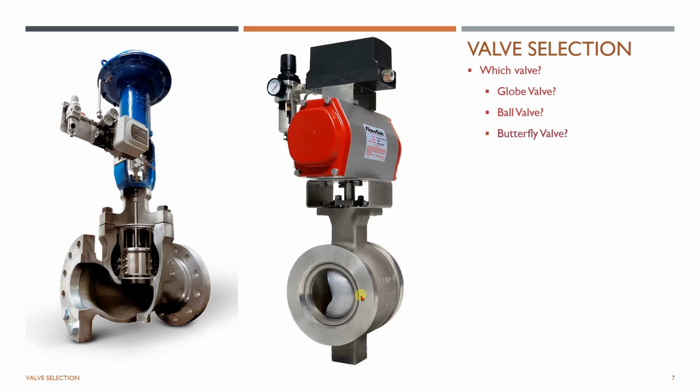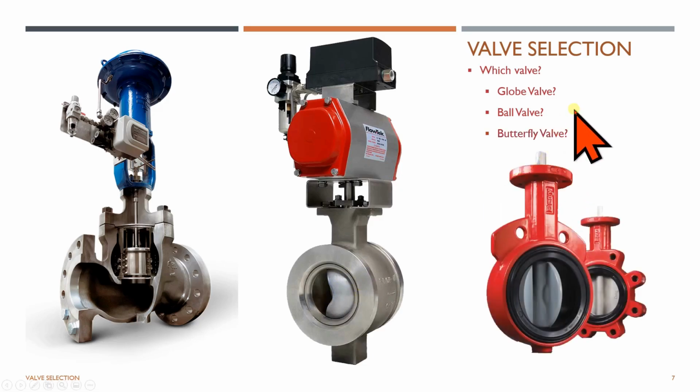So the other one which we have, which is commonly used, is the butterfly valve, which is usually used in larger applications when the line sizes are greater than 3 to 4 inches. So these have a flap which goes against the flow when it is closed like this.